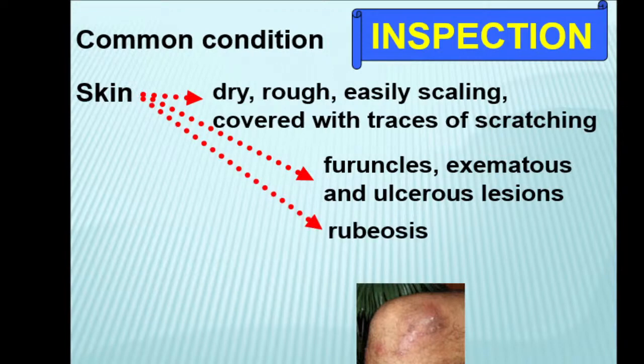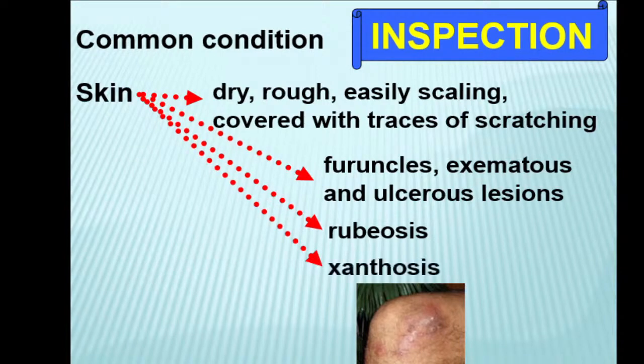We can see specific red spots on the face of the patient, which localize on the cheek and chin. It is called rubeosis, a specific red coloration of the face, which I'll show you later.